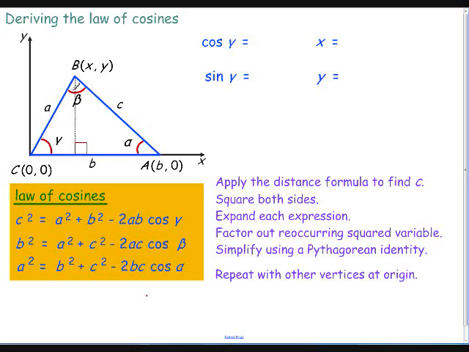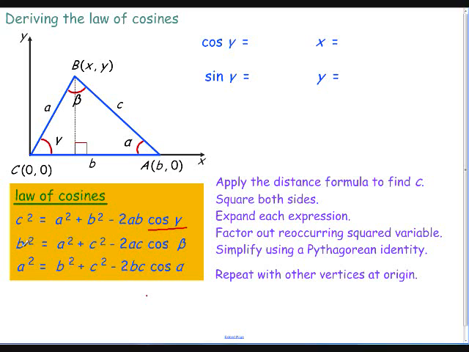Then we're going to square the other two sides, a squared plus b squared, and then we're going to subtract a product, and here's where our trig comes in. We're going to take the cosine of the angle opposite the side that we squared first, and multiply that times the length of a, the length of b, and times 2. That's our product to subtract.